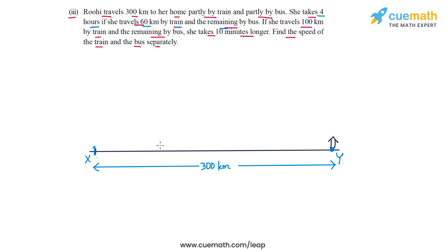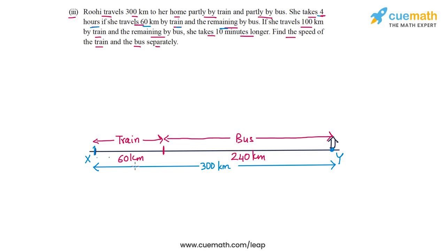So if she travels the first 60 kilometers by train, so let's say this part of the journey which is 60 kilometers, she does it by train, and then the remaining distance she completes by bus, and this remaining distance is 240 kilometers. Then she takes 4 hours to complete the journey in this way.